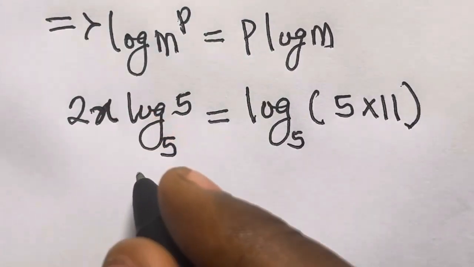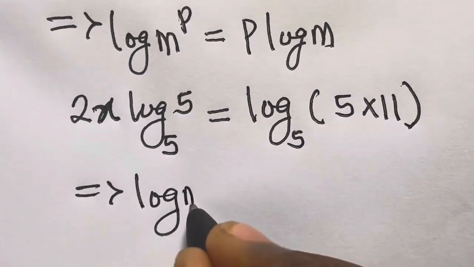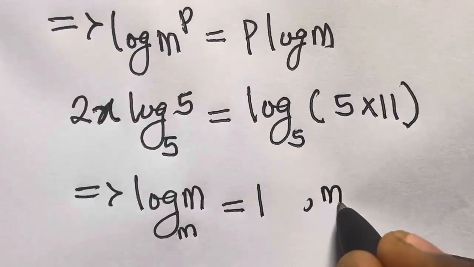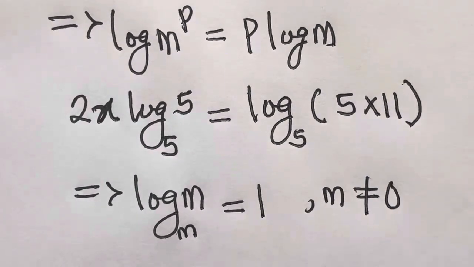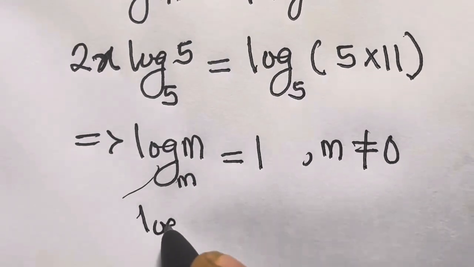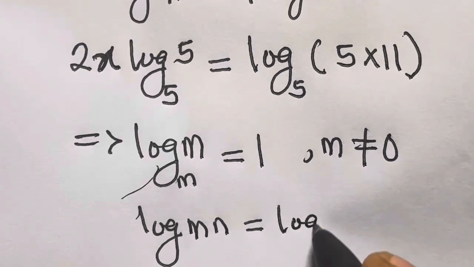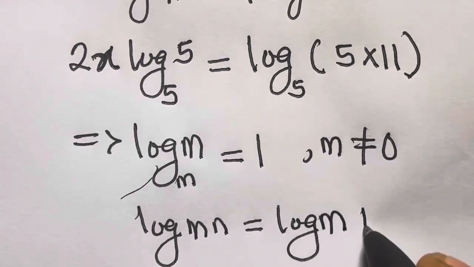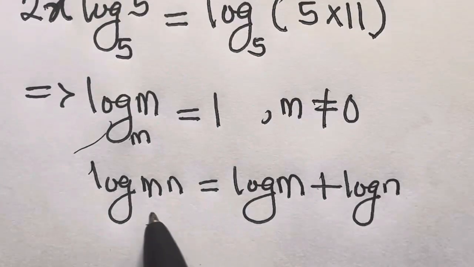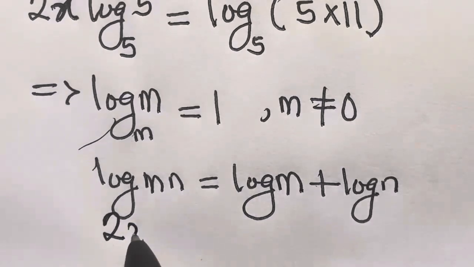Now we also note that if you have a logarithm to its own base, like log m in base m, this is equal to 1, provided m does not equal 0. And also, if you have log mn, this becomes log m plus log n, right? Applying this to the above, we will have 2x.